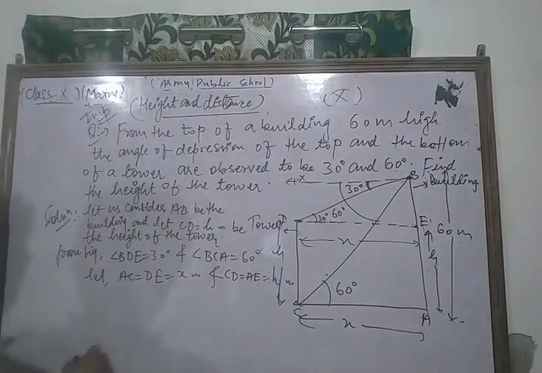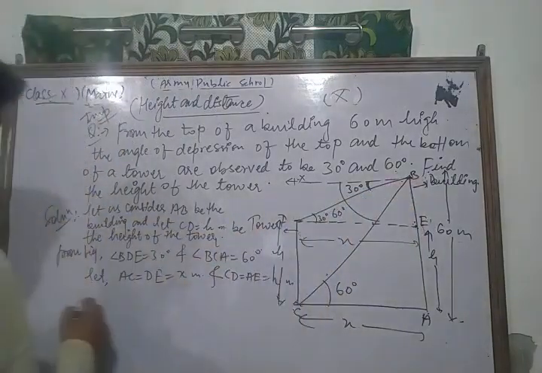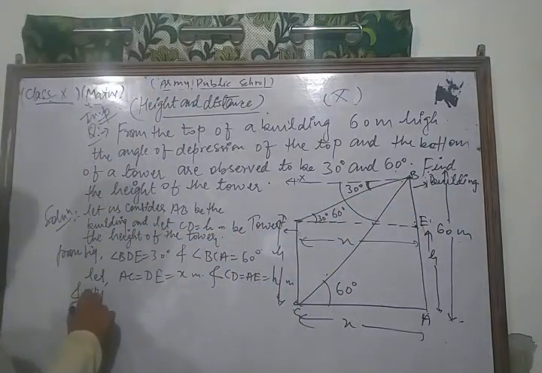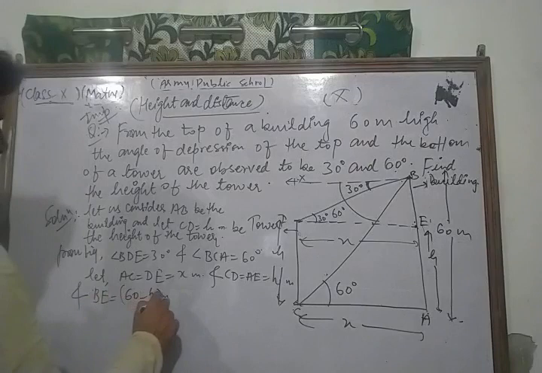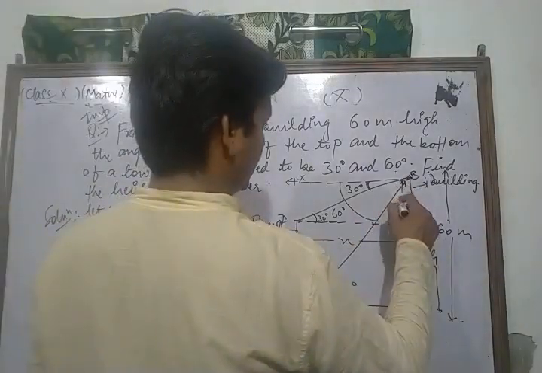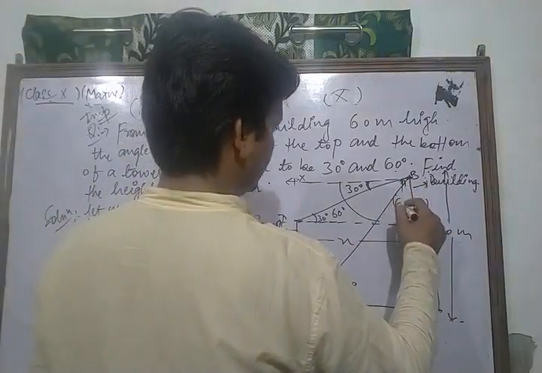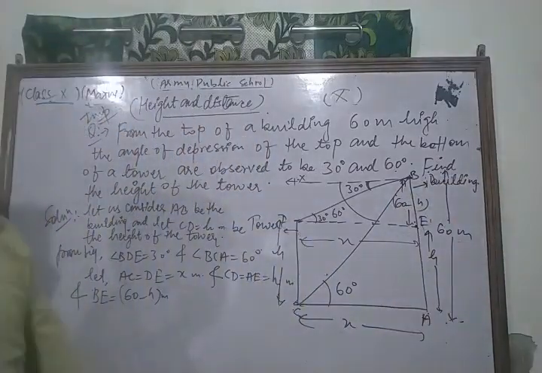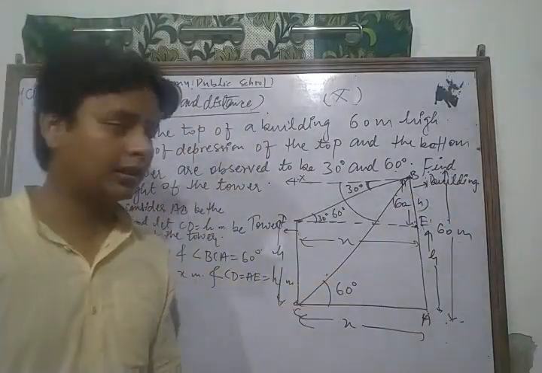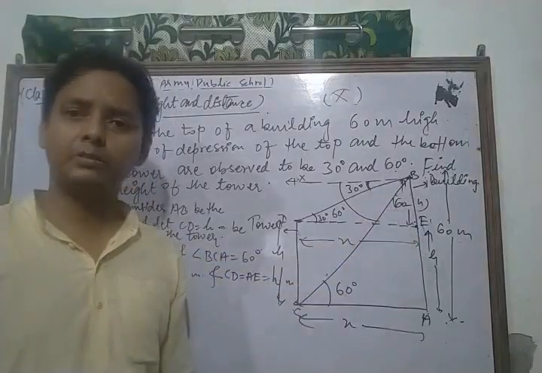And BE is equal to 60 minus H, because the whole AB is 60 and AE is H, so BE is 60 minus H.